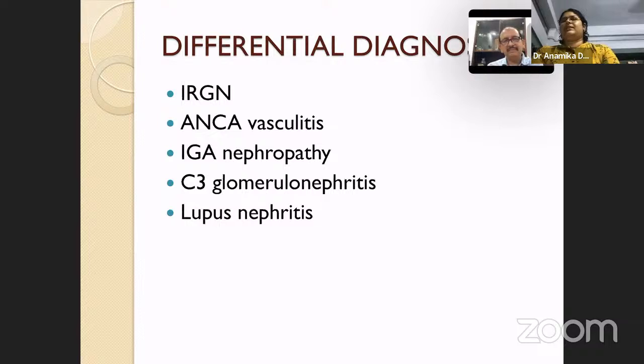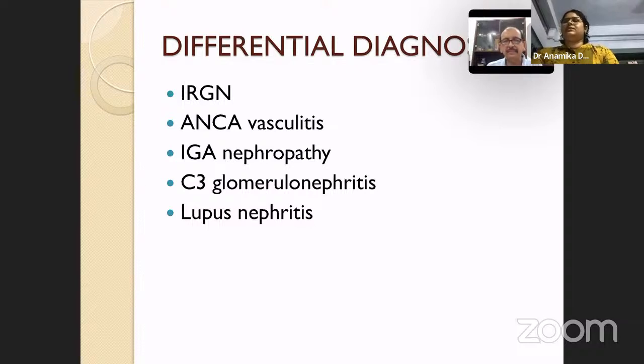Along with that, she had a history of recent trauma along with pus discharge, which had relatively healed by the time she came to us. So a concomitant infection source was there. Though recurrence of IRGN is very rare, we kept that as a differential diagnosis to follow up with investigations.